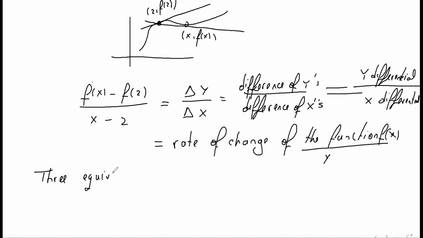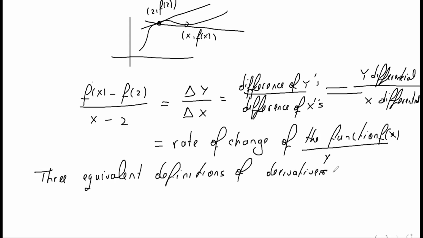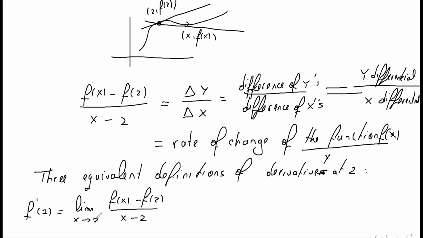So to summarize the point of this lesson, there are three equivalent definitions of derivatives at 2. And I'm going to point them out. First of all, the notation is this: f prime of 2 is the limit as x approaches 2 of f of x minus f of 2 divided by x minus 2.